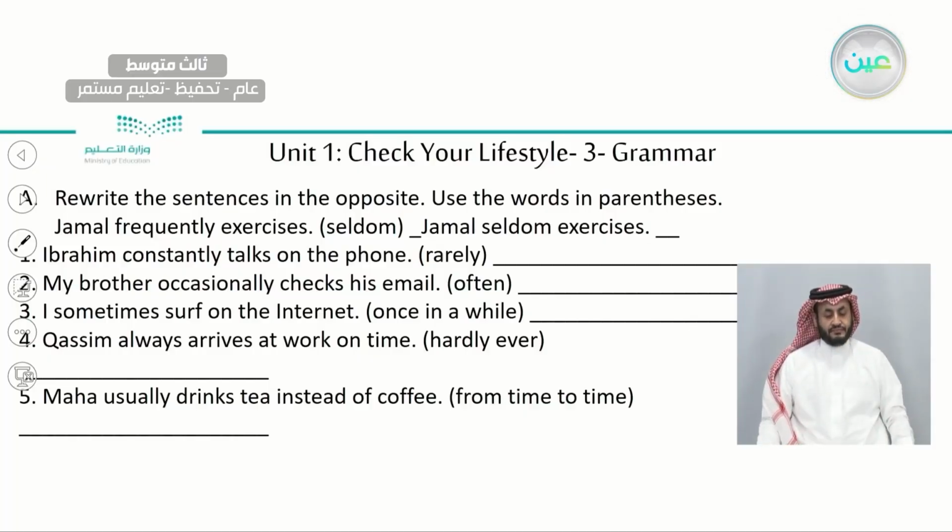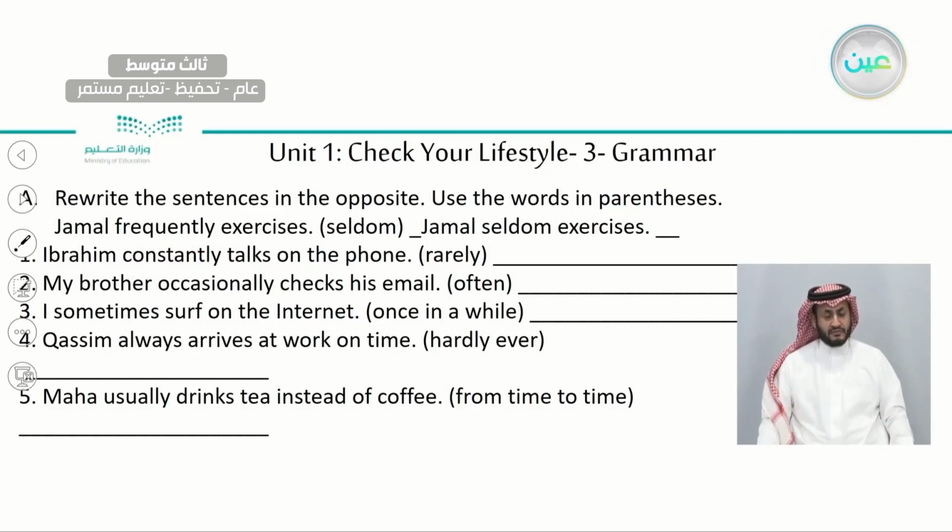First, before we do number one, we will highlight the adverb of frequency in every sentence together, okay? So, number one, Ibrahim constantly talks on the phone. Where is the adverb of frequency in the sentence? Good, excellent. Constantly is the adverb of frequency. You can underline this word. What about number two?